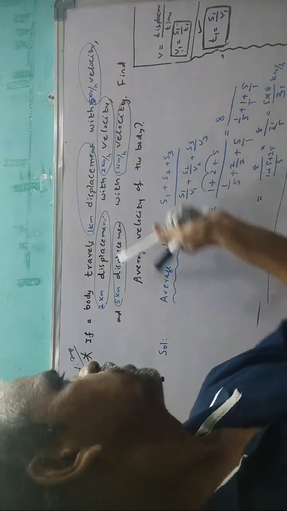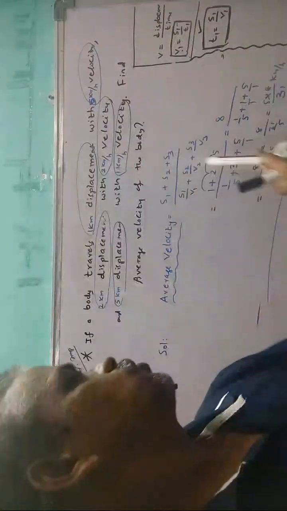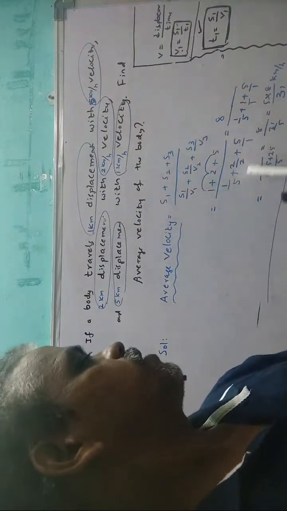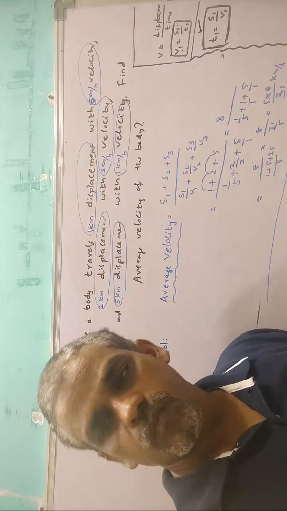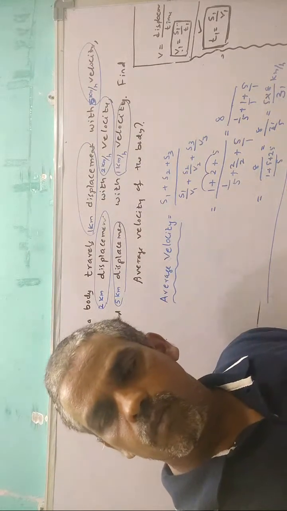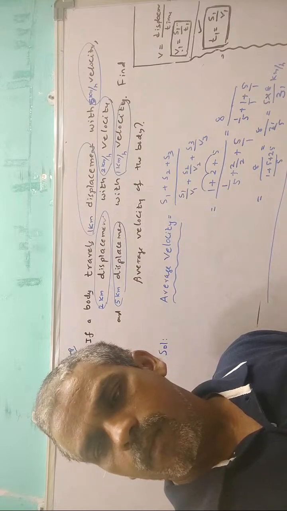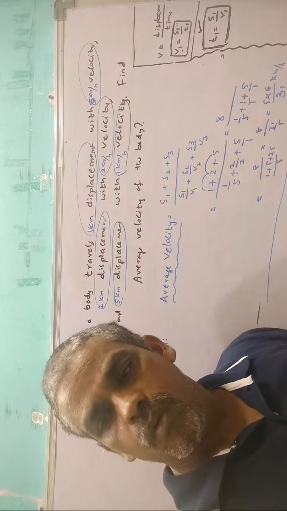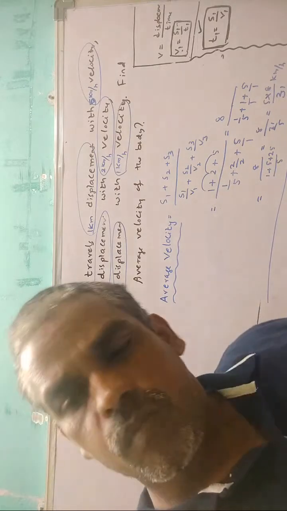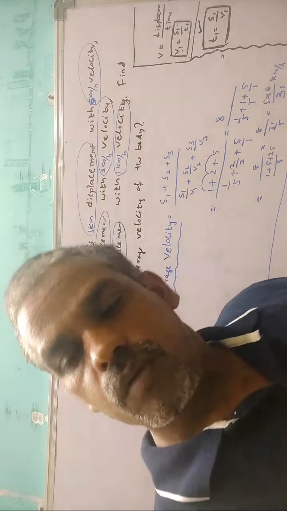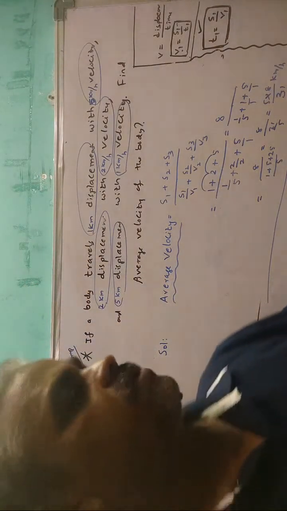Displacement 3, 5. 1 by 5, 2 by 2, 5 by 1, just average. No, what is your message? No volume, no value. See, look here, no problem, you will get this one.